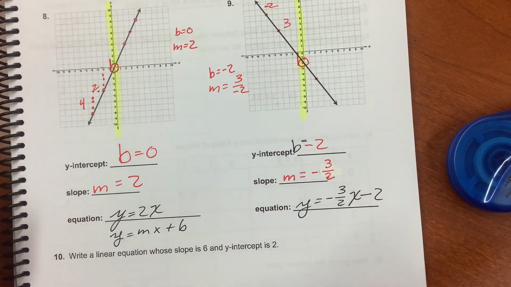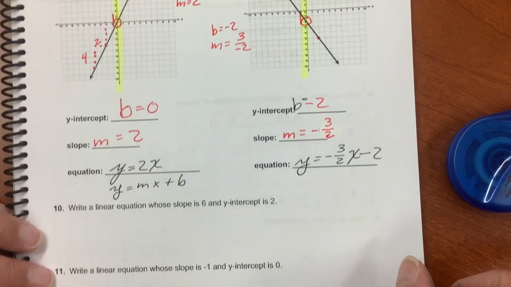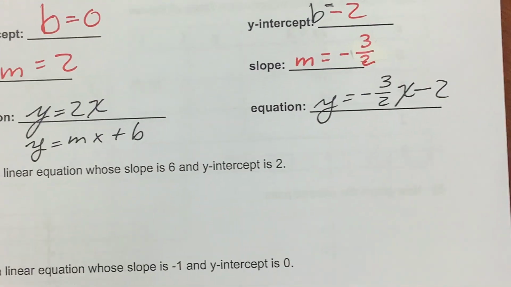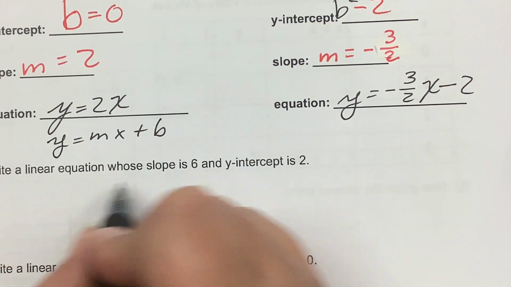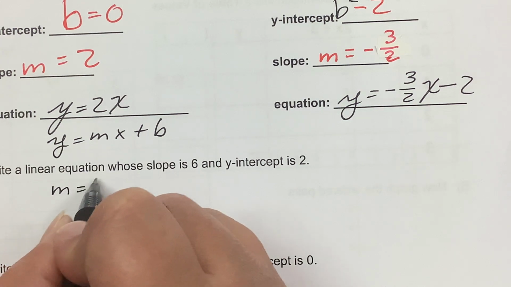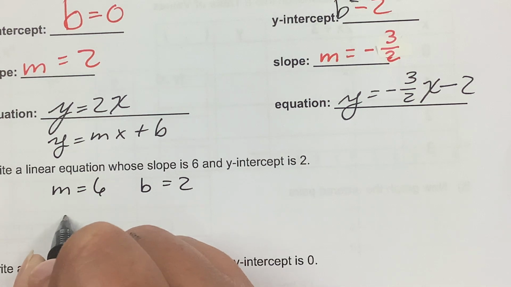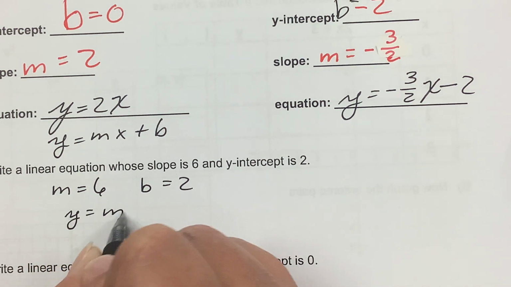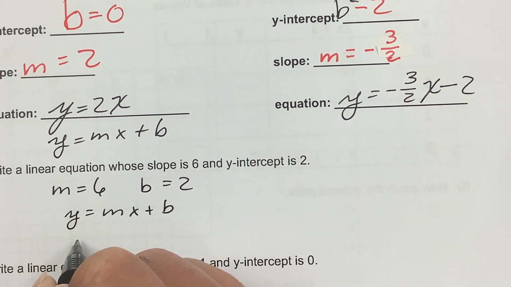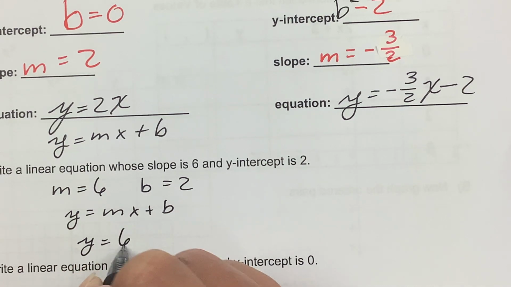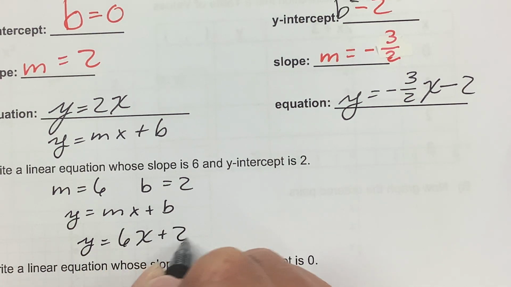Write a linear equation whose slope is 6 and whose y-intercept is 2. I'll make things big again. All right, slope is m equals 6, y-intercept b equals 2, y equals mx plus b, y equals 6x plus 2. Okay.